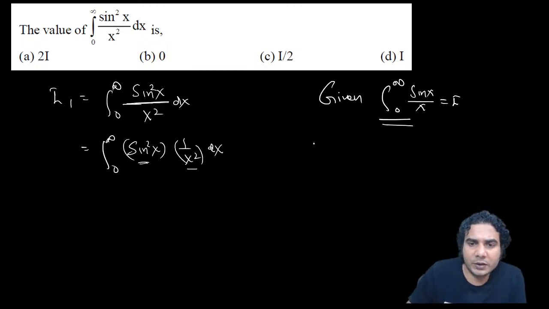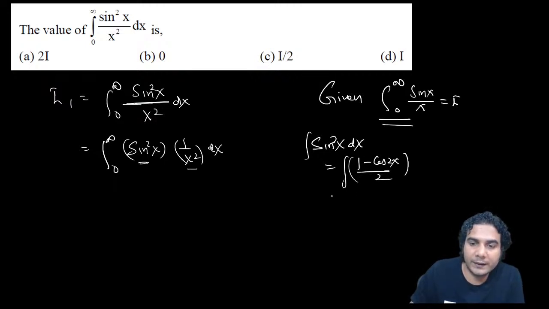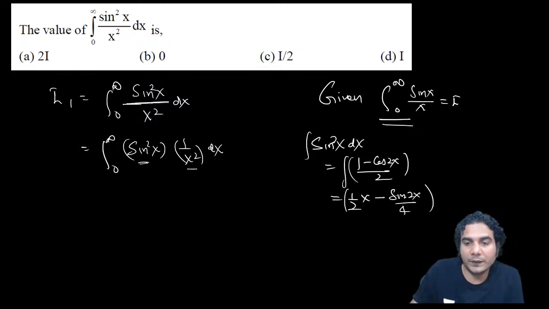So we can write the integration of sine square separately. Sine square x dx is basically 1 minus cos 2x by 2, all right? Integral of this, and then that is 1 by 2 of x minus sine 2x by 4, all right? So that is the integral of sine square x, 1 by 2 of x minus sine 2x by 4.